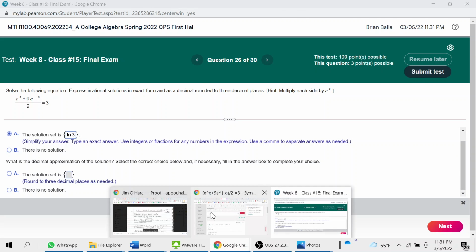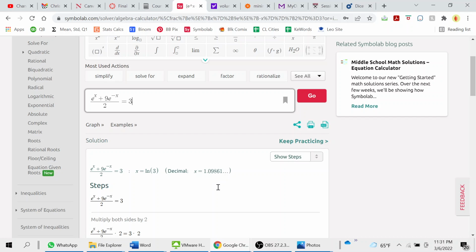Decimal approximation to the solution. 1.099.